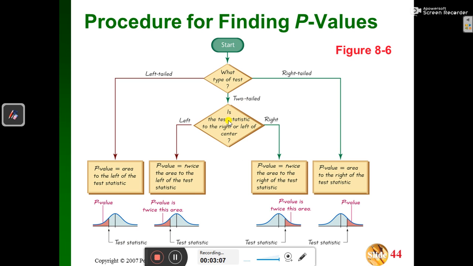In case of a left-oriented two tail, the p-value is twice this area. In case of a right-oriented two tail, it is twice the area on the right part. And in case of right tail, the p-value should be the area to the right of the test statistic. This is the test statistic.